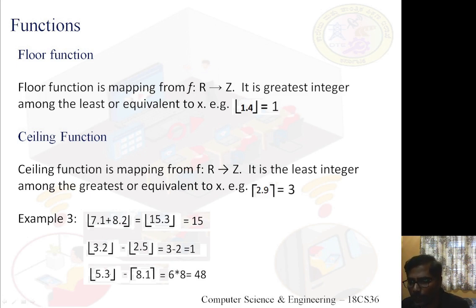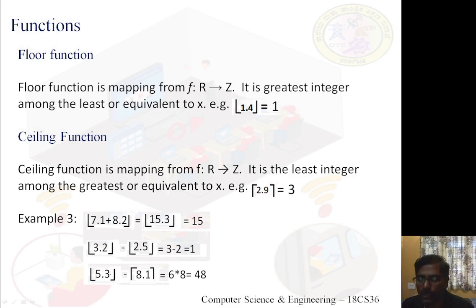For 5.3 you should compute the ceiling function, and for 8.1 we should apply the floor function. So just replace the floor function of 5.3 with the ceiling function, and the ceiling function of 8.1 with the floor function, and the operation is a product. Then we get 6 into 8, which is nothing but 48.